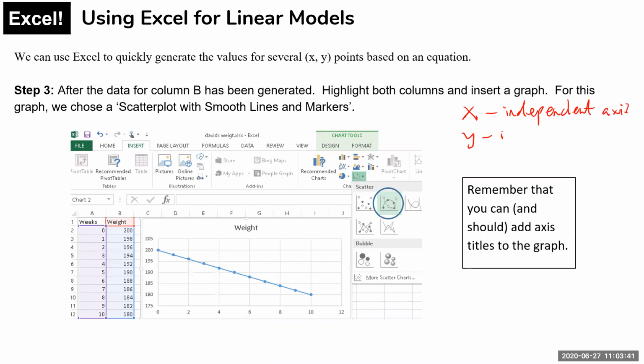And our Y is called the dependent axis. Is that okay? Now, we said that they have these names because the value of X determines the value of our Y. So therefore, X is independent and Y is what?